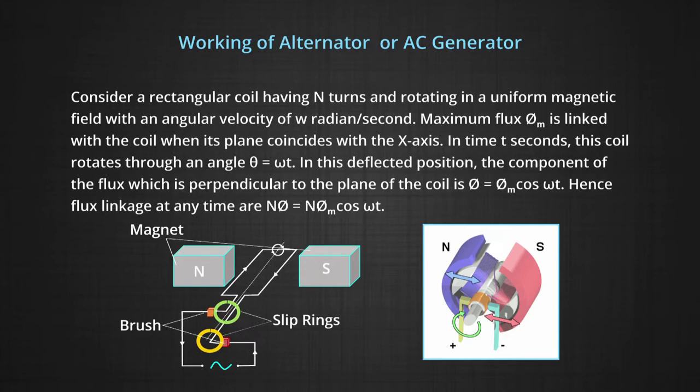In time t seconds, the coil rotates through an angle theta, where theta is equal to omega t. In this deflected position, the component of the flux perpendicular to the plane of the coil is phi equal to phi m cos omega t. Hence, the flux linkage at any time is N phi, equal to N phi m cos omega t.